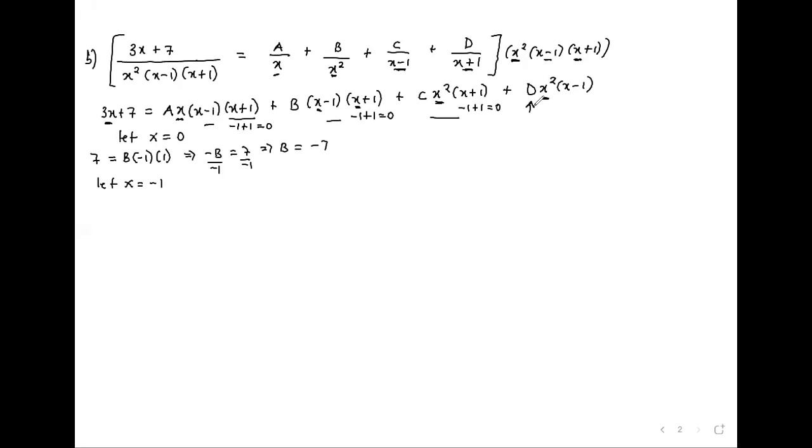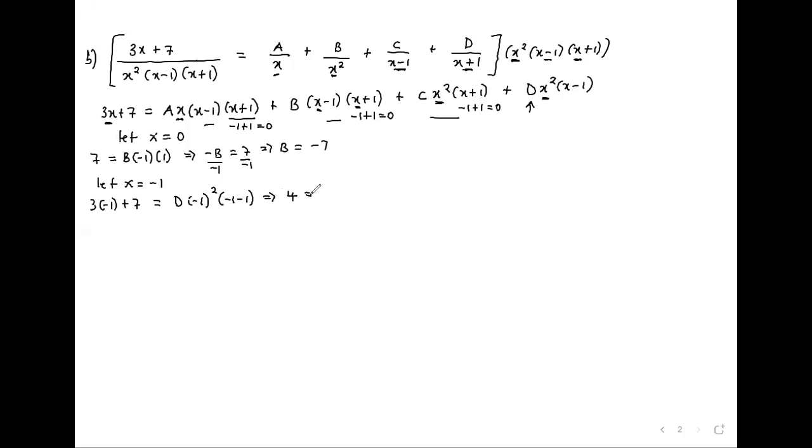So now we're going to have 3 by -1 plus 7 is equal to D by -1 squared, -1 minus 1. This will give us -3 plus 7, we get 4.